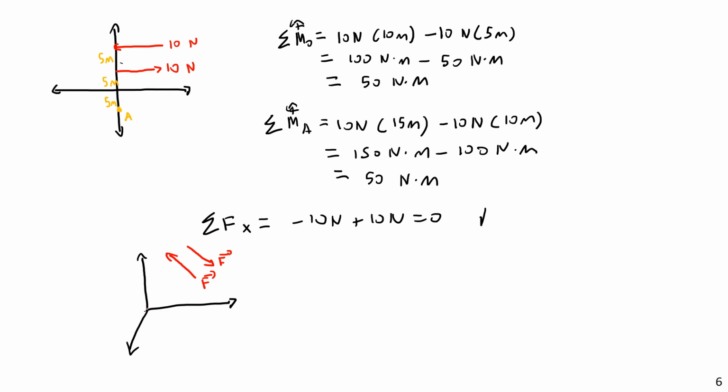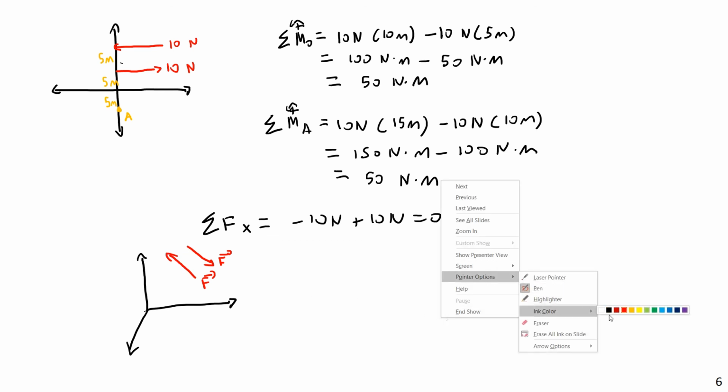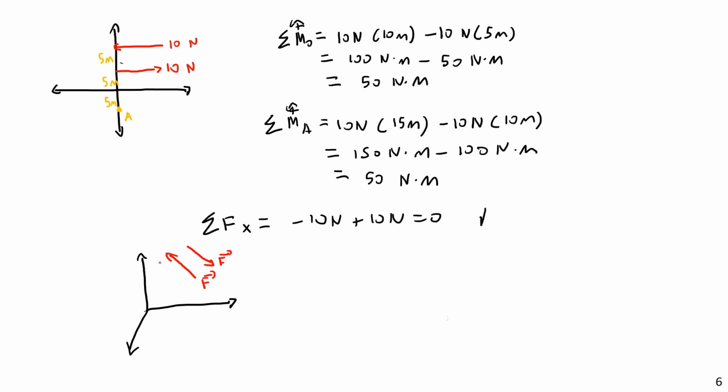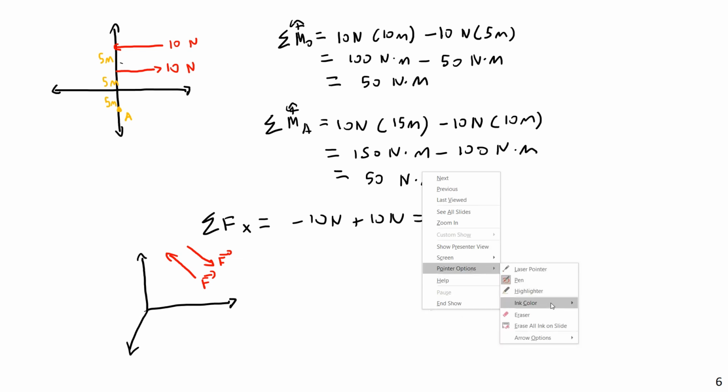If I'm looking at the moment about the origin, I can take the moment here, here, here. It doesn't matter. I can take it at any point along the force's line of action, and the moment will be the same. So why not take it from the perpendicular distance?